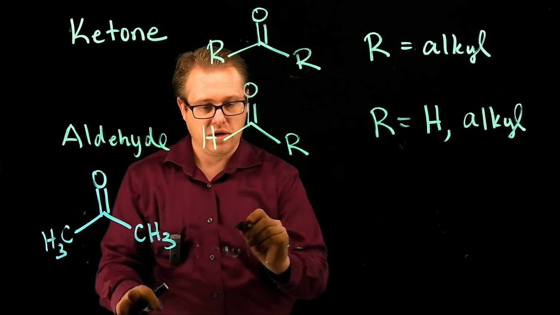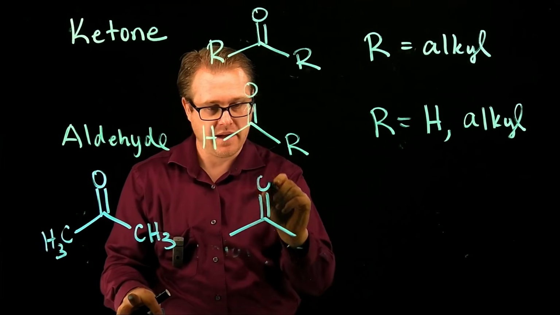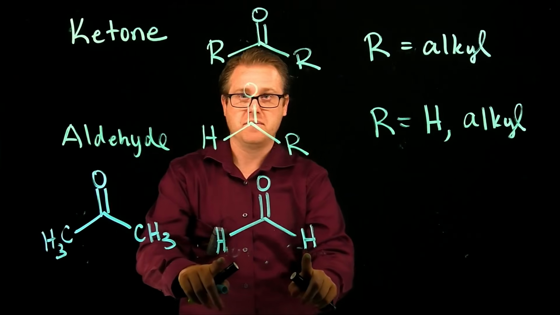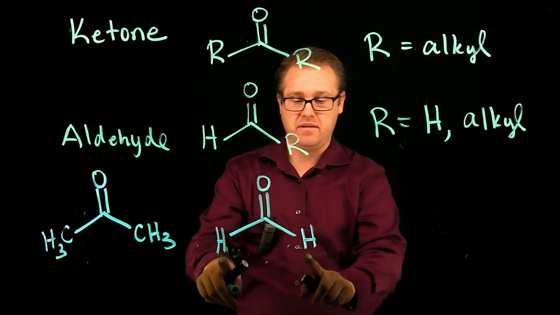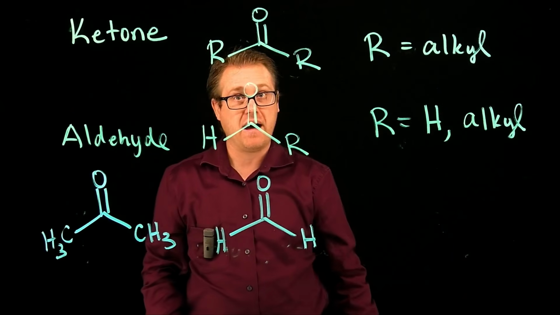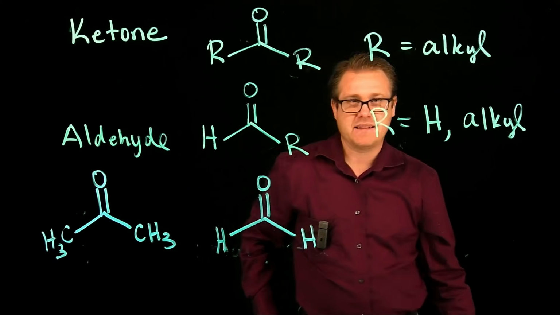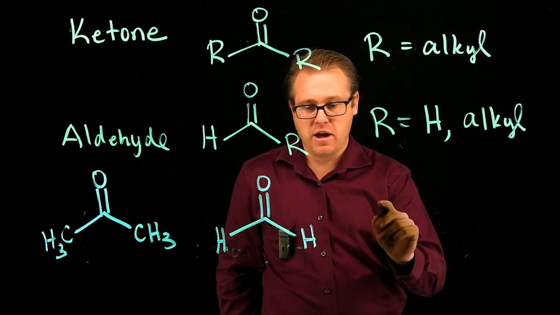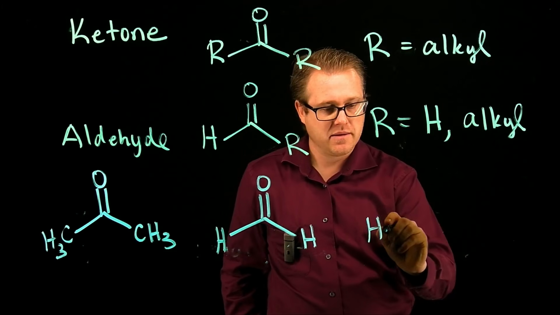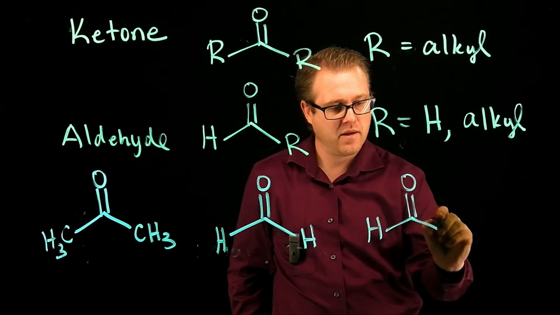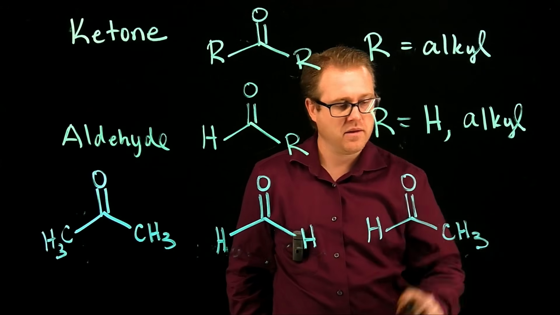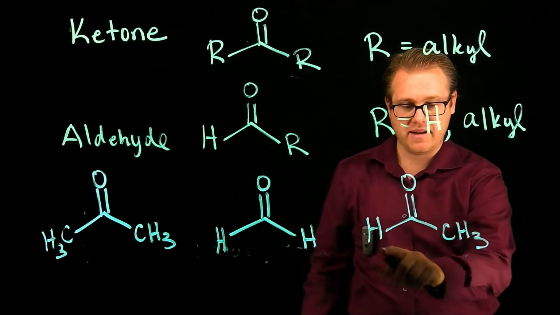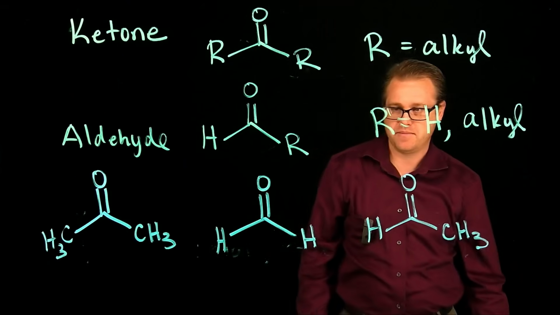Now you could look at something like this, where we have two H's. That is an aldehyde, and this one is called formaldehyde. And that's embalming fluid. Another aldehyde could look like this. You see one of the groups is hydrogen, one is alkyl. That is also an aldehyde.